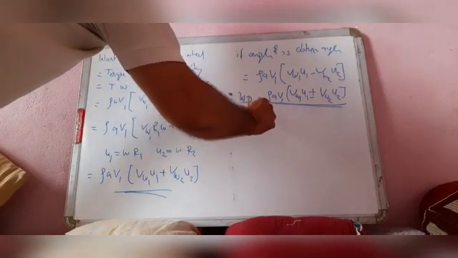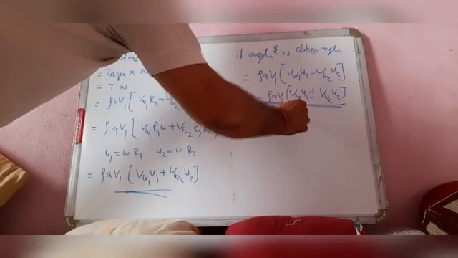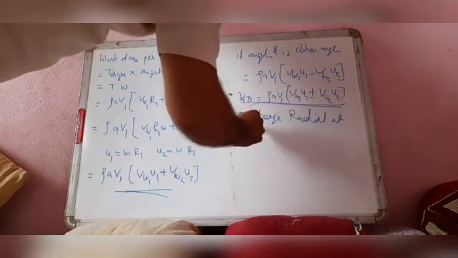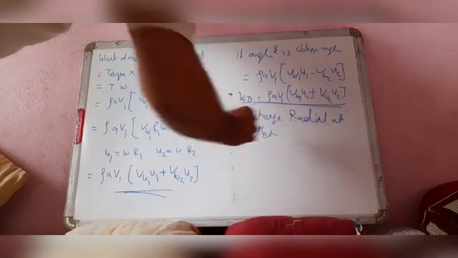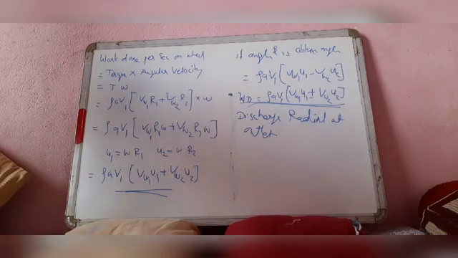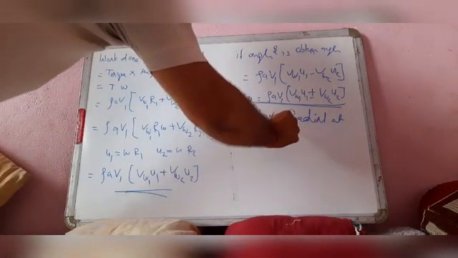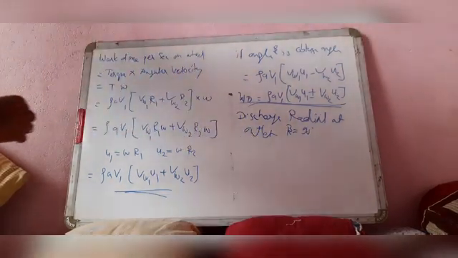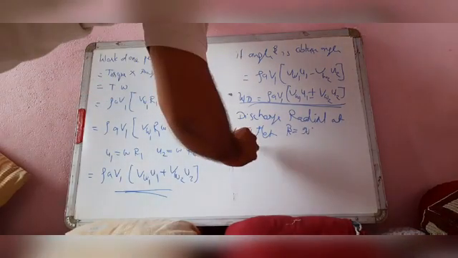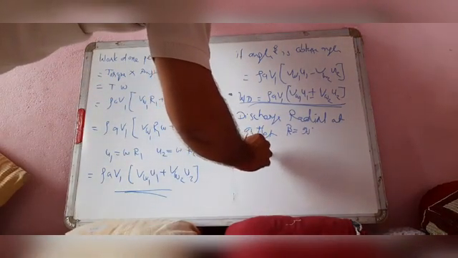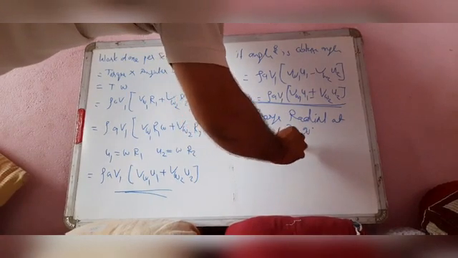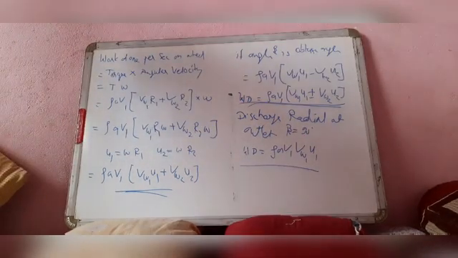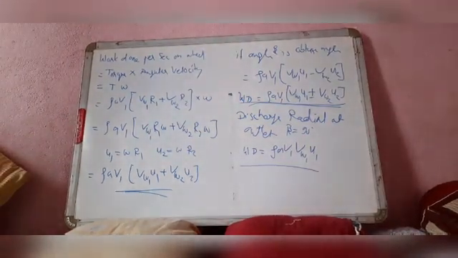This is the final general expression for the work done. If the discharge is radial at outlet, in this condition beta equals 90 degrees. So the work done is equal to rho A V1 V W1 U1 when the outlet is radial.